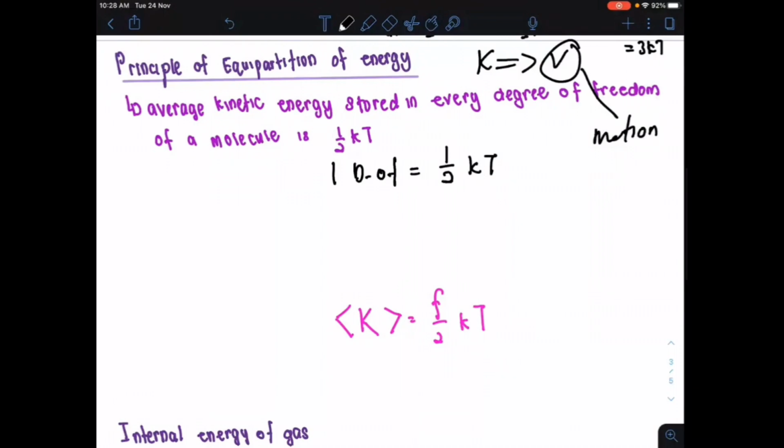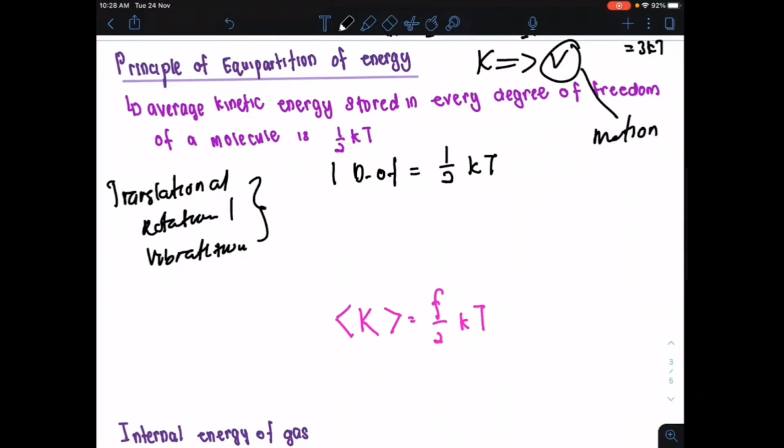Motion dia boleh jadi dari segi translational, rotational dan juga vibrational sebenarnya. So kita ada 3 jenis motion. However, dalam syllabus kita hanya tengok pada translational dan juga rotational sahaja, because vibrational motion need temperature yang sangat besar, iaitu greater than 1000 Kelvin.